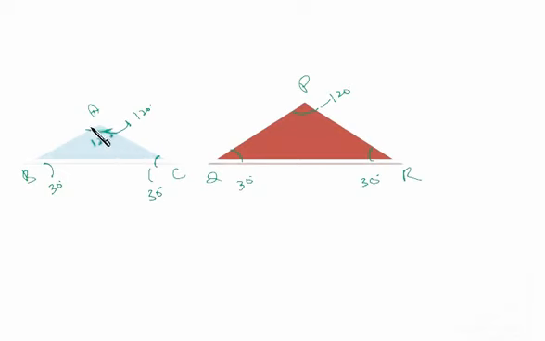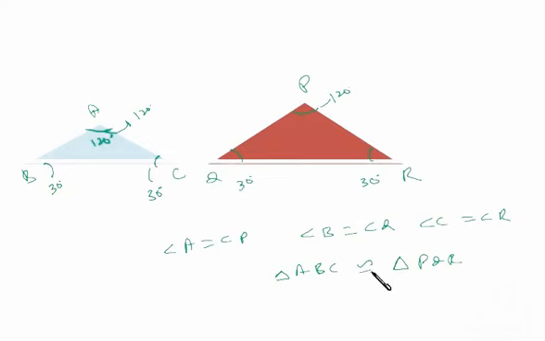So we can see the three angles, angle A, angle B and angle C, are equal to the corresponding angles of this triangle. That is angle A is equal to angle P, angle B is equal to angle Q and angle C is equal to angle R. That means triangle ABC is similar to triangle PQR, and this is the sign of similarity, right? Triangle ABC is similar to triangle PQR.